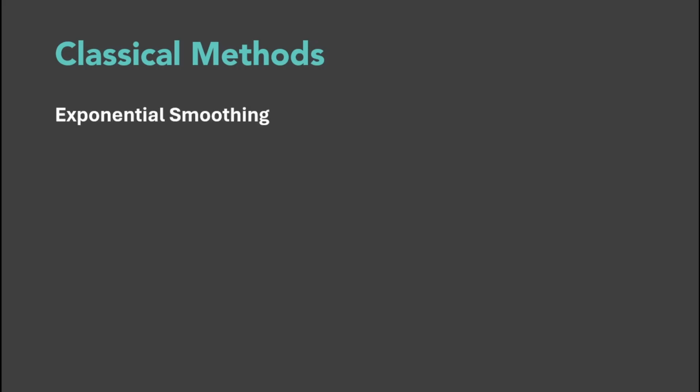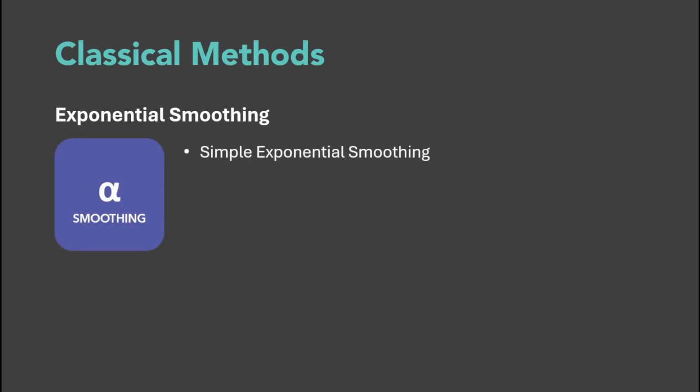We have a variety of exponential smoothing approaches, where each one adds a layer of complexity which improves upon the simple moving average approach. First off, we have the simple exponential smoothing model, which adds a smoothing factor with a value between 0 and 1. And this smoothing factor gives more weight to more recent values.